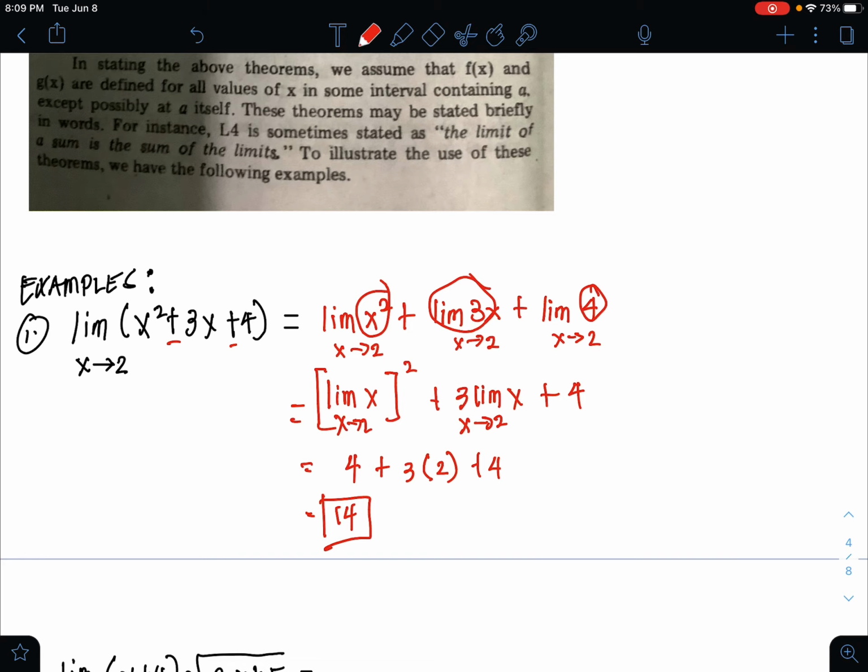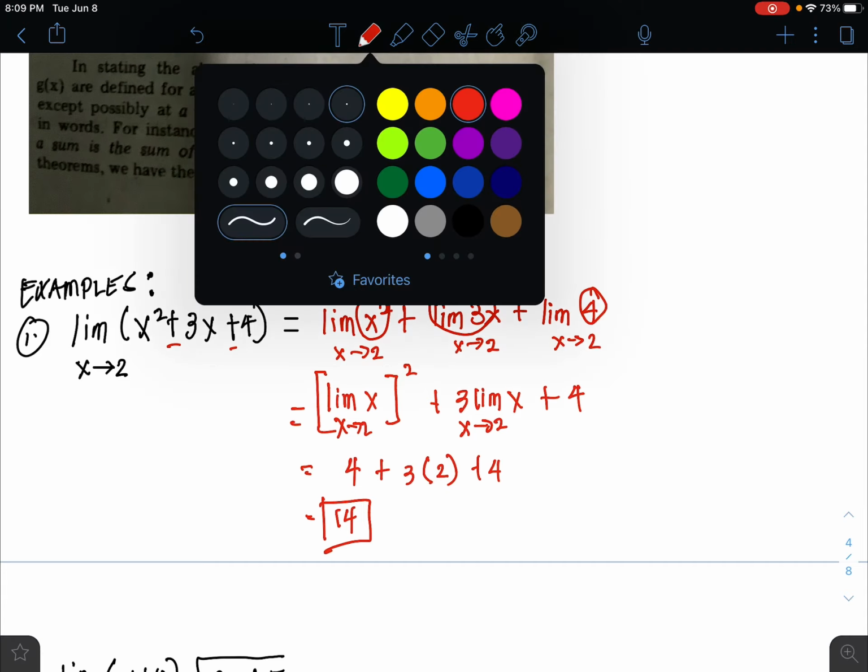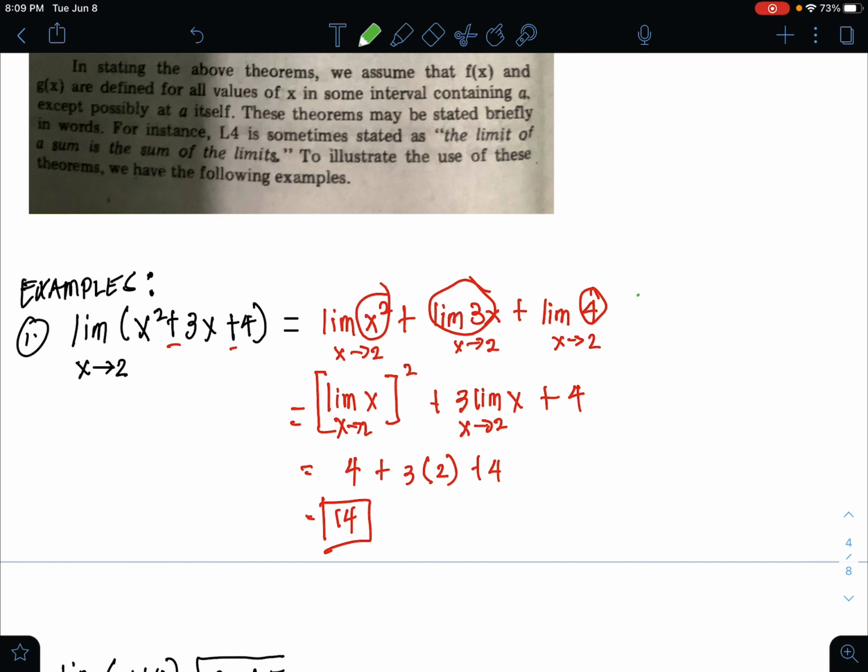But again, we can just simply direct substitute the values, right? So that is the other way to solve this one. But be careful, if on your exam or on your quiz you will be asked to solve this using the theorems of limits, you will be required to solve it in a step-by-step manner.